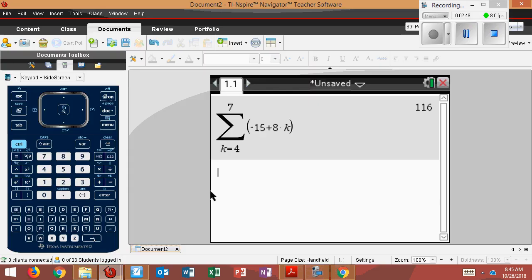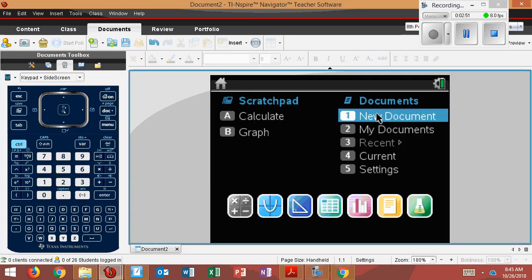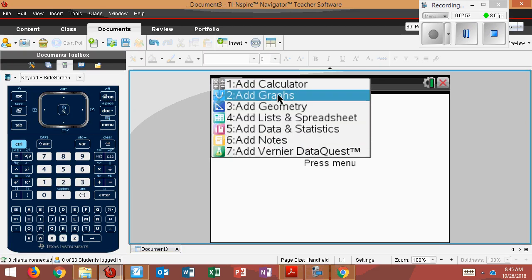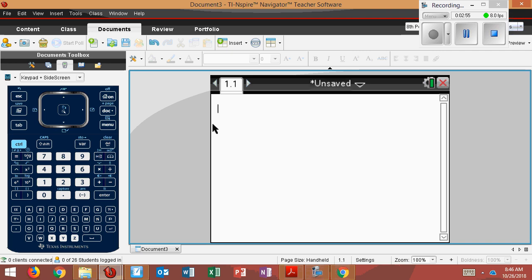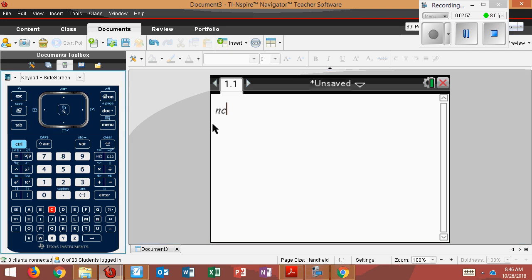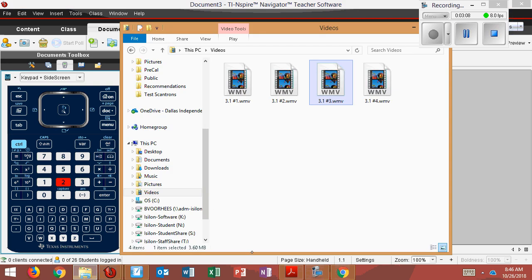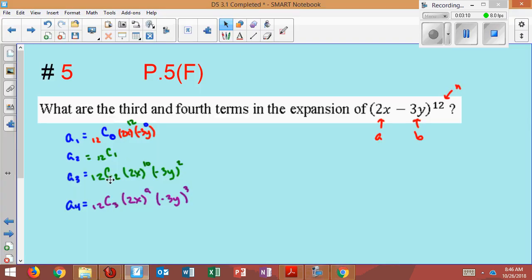So to go over here, type in NCR. NCR, that means combination. N stands for the number of power, R would be the term. So I have 12 powers, and I want to find 2, which doesn't mean the second term. Rather, what it means is it's that third term. You've increased 1.